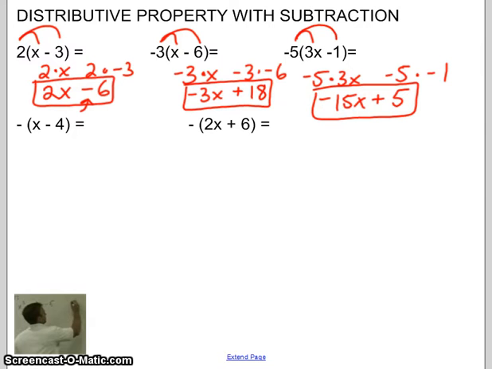Alright, now we have negative x minus 4. Okay, similar to when we just have x by itself. Remember, it's like an invisible 1 in front of that x. We have that invisible 1 here, but we also have it outside the distributive sign. So we're going to do negative 1 times x, negative 1 times 1x, and then we're going to do negative 1 times negative 4.